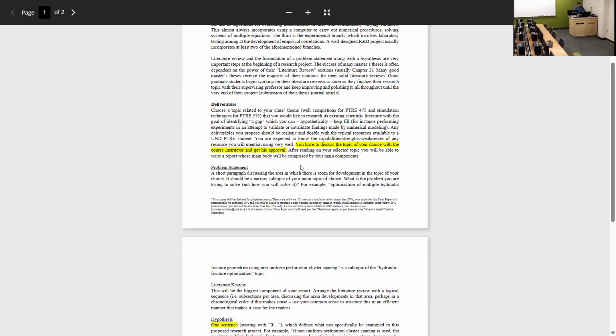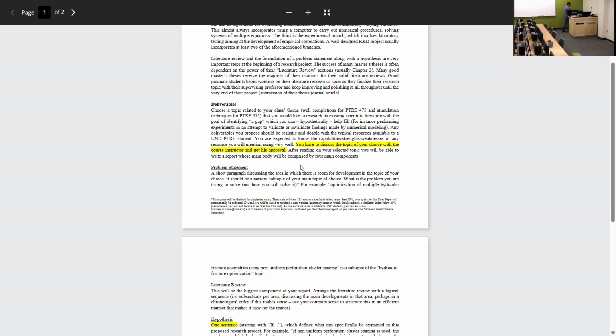That you would like to research, the existing scientific literature with the goal of identifying a gap which you can hypothetically help fill. So that's important. You don't want to propose something that has already been tested. Maybe something that was tested in one way that you think can be tested in a different way and give different results, yes.